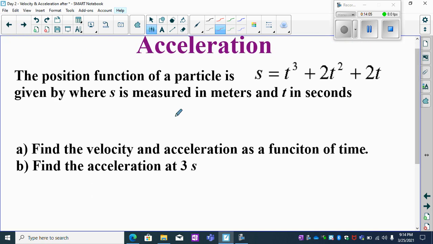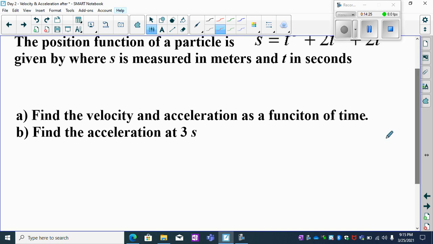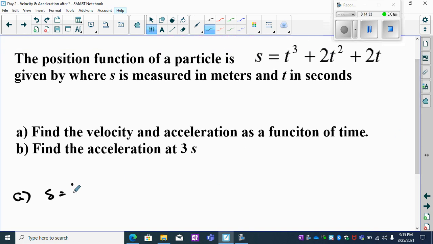So here's a couple of questions. These ones have some acceleration. The position function of a particle, again we're talking about a particle, is s equal to t cubed plus 2t squared plus 2t, where s is measured in meters and t in seconds. Find the velocity and acceleration as a function of time. So all they're asking you to do in part A is find the equation for velocity and the equation for acceleration.